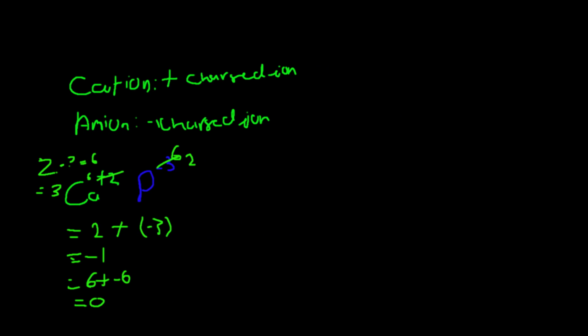To get 6, we need to multiply calcium by 3, so let's write calcium and then 3. Phosphorus has to be multiplied by 2, so let's write 2. Now we have an ionic compound with a net charge of 0, showing that there's a strong force of attraction between the elements.